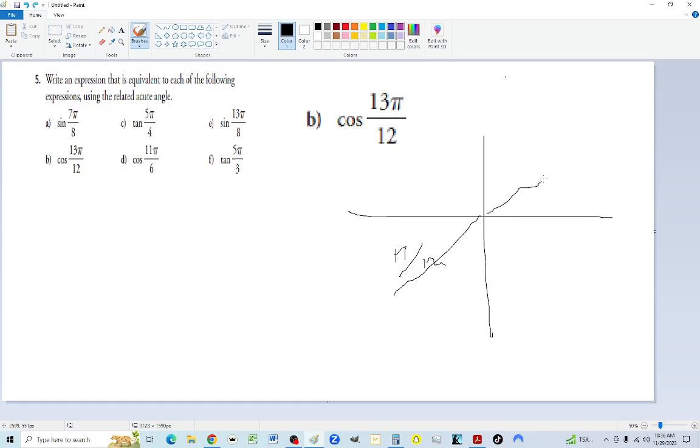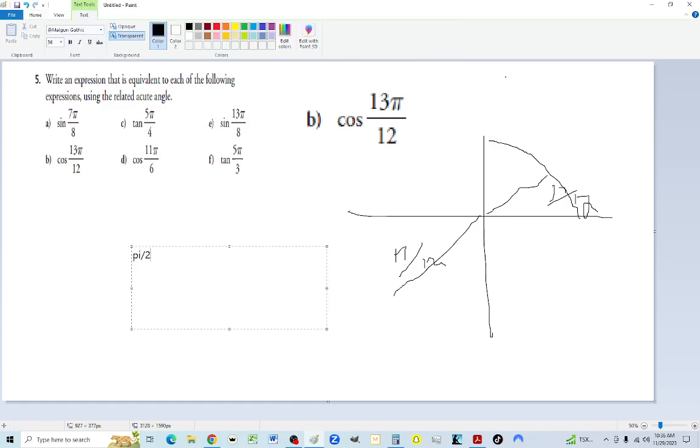So over here in quadrant 1, pi over 12, the equivalent sine curve would be 90 minus that, and then we'd have to make it negative. So what is pi over 2 minus pi over 12? Have to multiply this by 6, and then this becomes 5 pi over 12. It's going to be equivalent to this, but we'd have to make it negative.